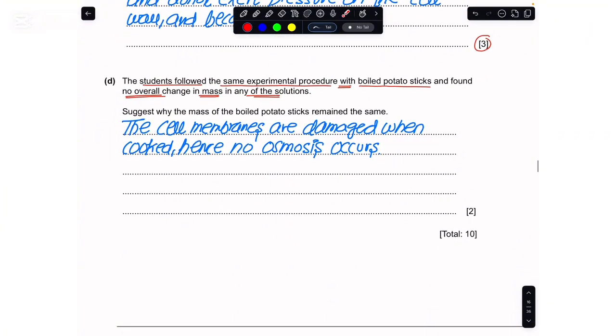This means that once we boil the potato sticks, no osmosis is occurring. Otherwise, we could say that there is no net movement of water molecules where they are boiled.